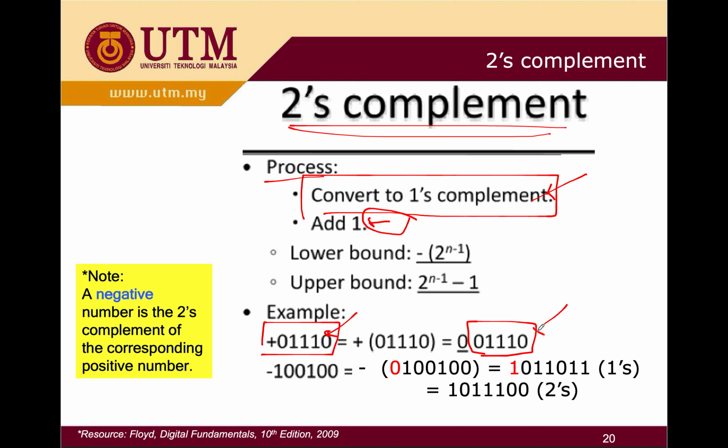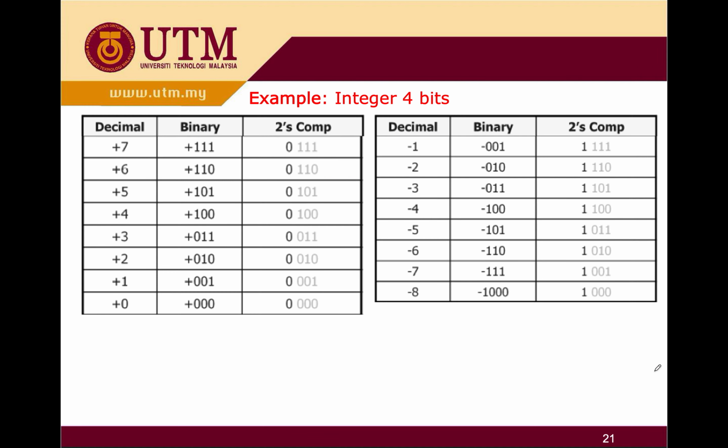But if you are playing around with a negative number, you need to move it to the first complement first. So this is the one that you got in the previous result. Then what happens next is you need to add 1 to this number.